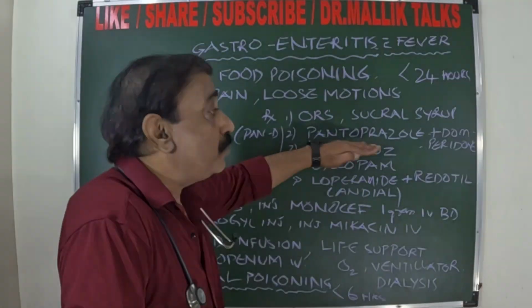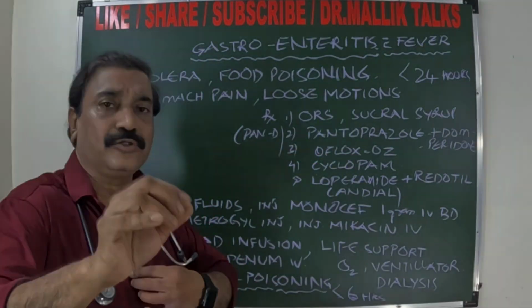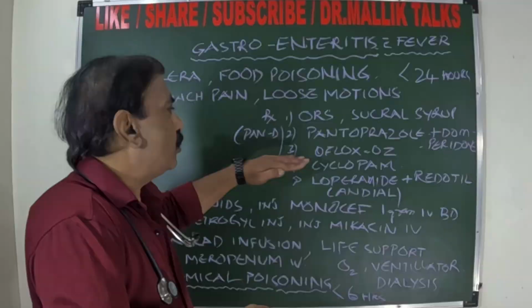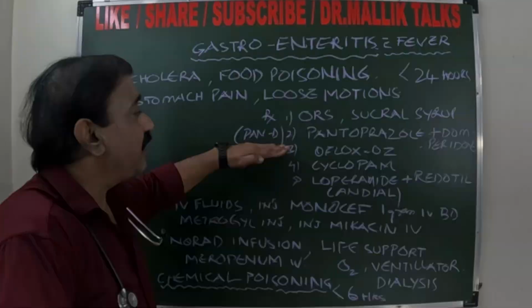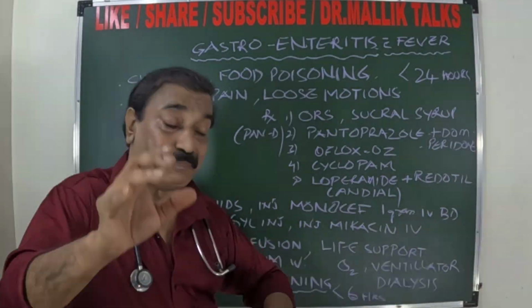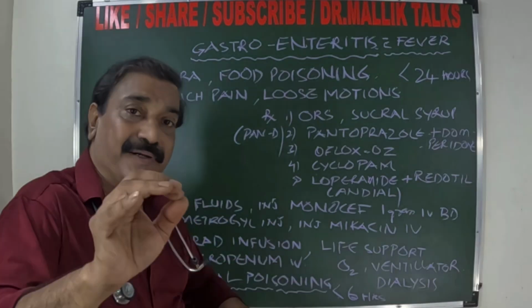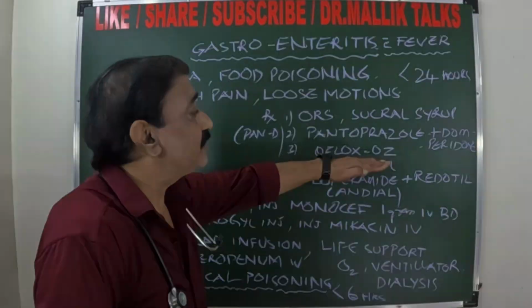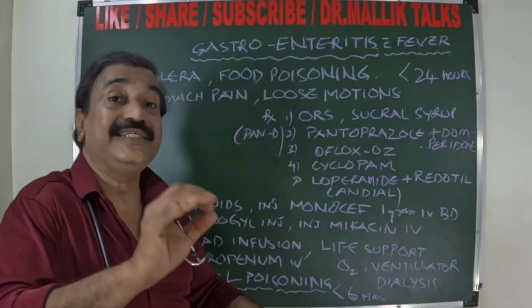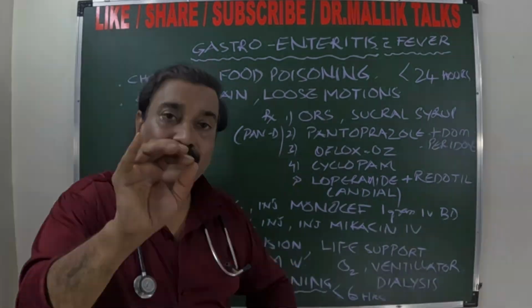Pantoprazole plus domperidone is a must. We call it PAN-D, so please give a tablet of PAN-D. And an antibiotic is a must: ofloxacin with ornidazole. Oflox OZ is the correct tablet.